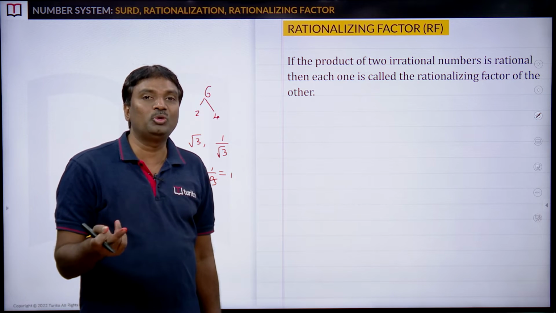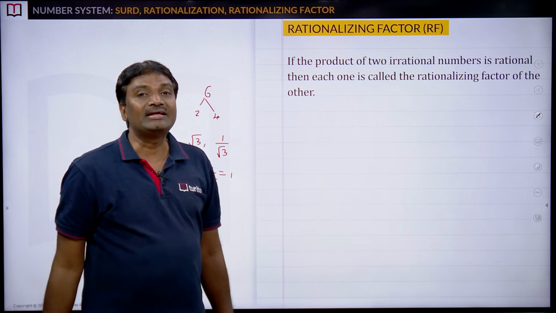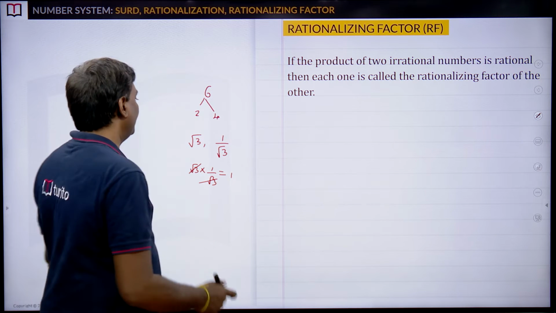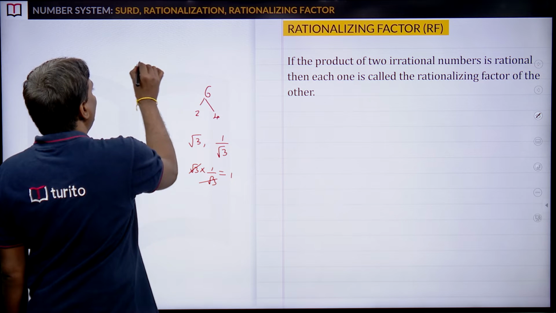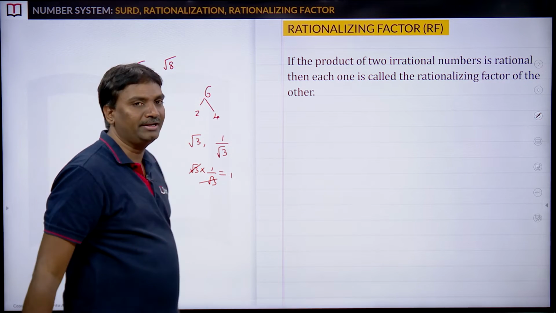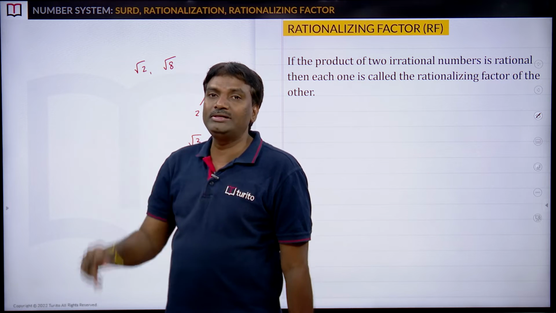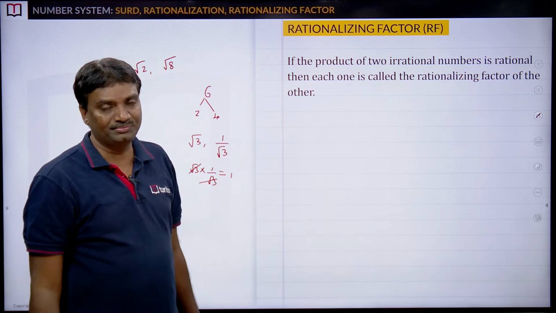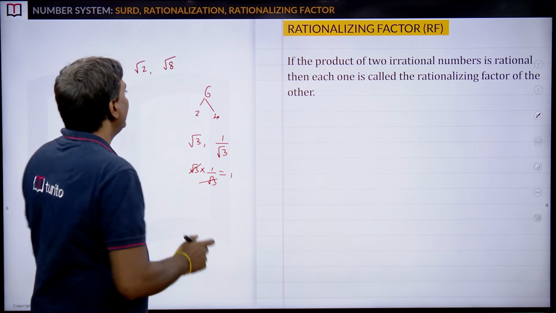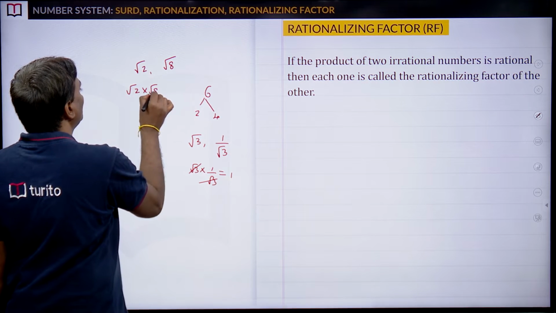First one is said to be the rationalizing factor of the second one and the second one is the rationalizing factor of the first one. So, for example, if the first one is root 2 and the second one is root 8, clearly these two are irrational numbers. Let us multiply root 2 into root 8.